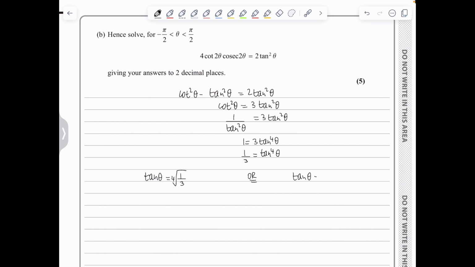So essentially we're dealing with two simple trigonometric equations in tan theta.